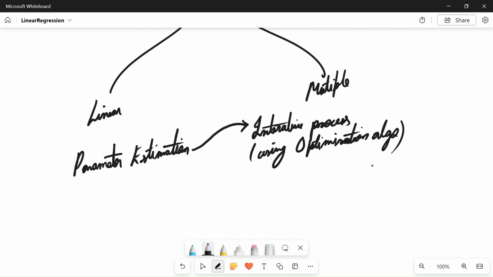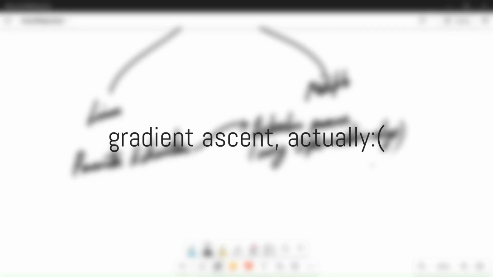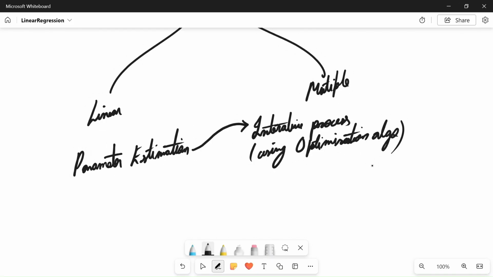And the gradient ascent algorithm uses functions like maybe log likelihood, wherein you have to maximize that function in order to get to the best fit line, in order to estimate the best fit line. So the first method of parameter estimation is actually using optimization algorithms.